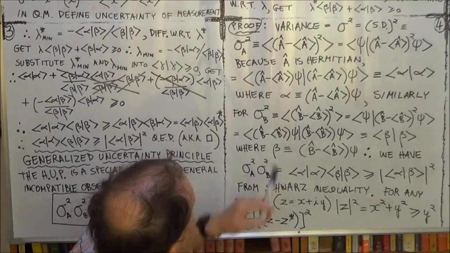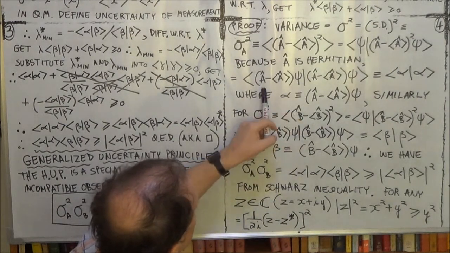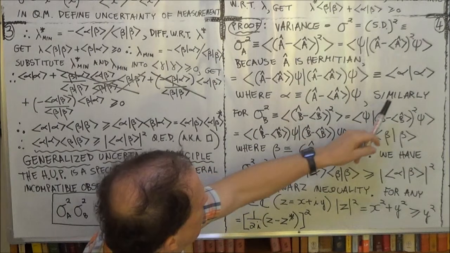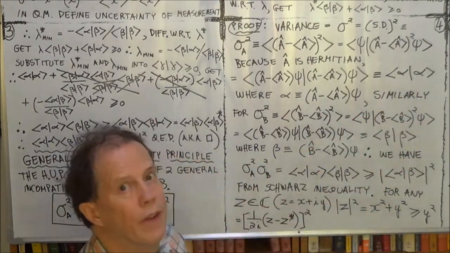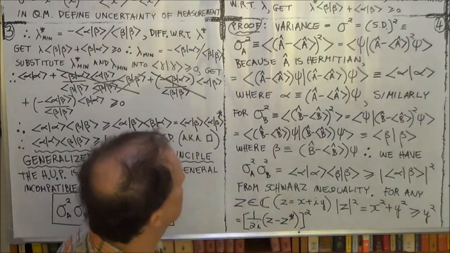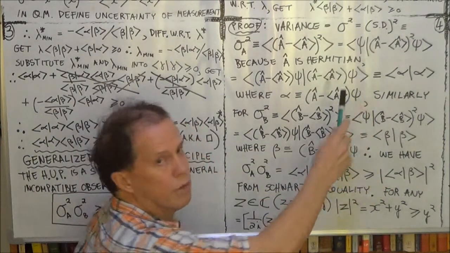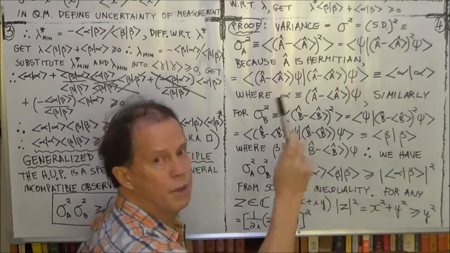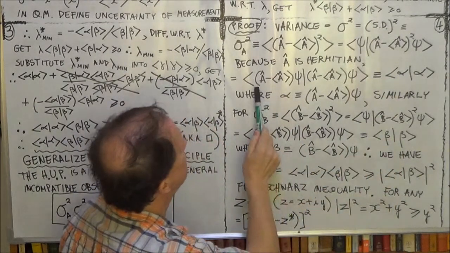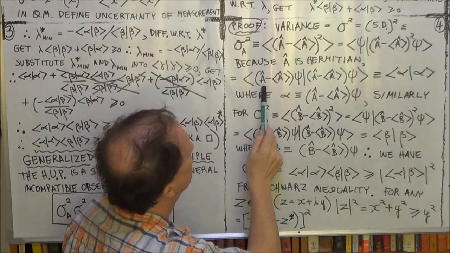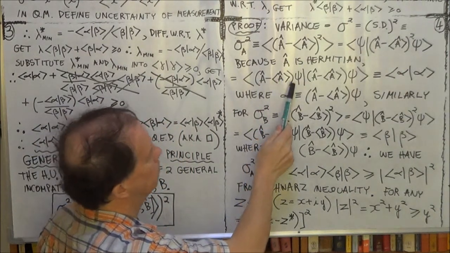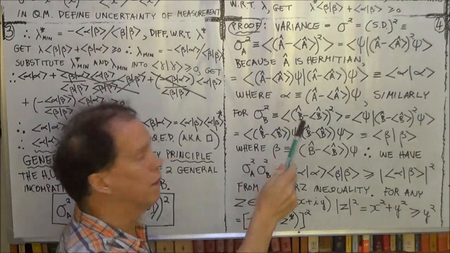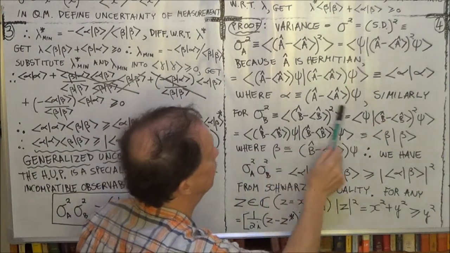So we've got something that's the same on the left side as the right side. Now, rewrite that. Just call that alpha alpha. So by definition, I'm defining alpha to be this term here, A hat minus average A hat, times psi. I'm just defining it that way.